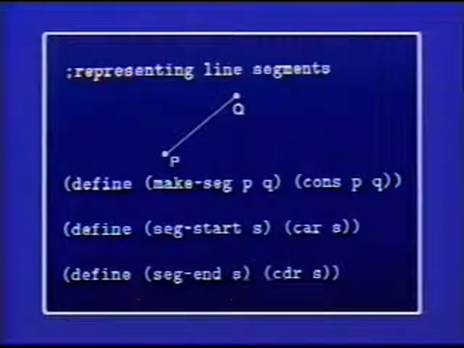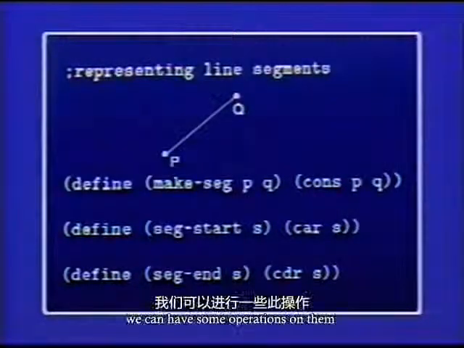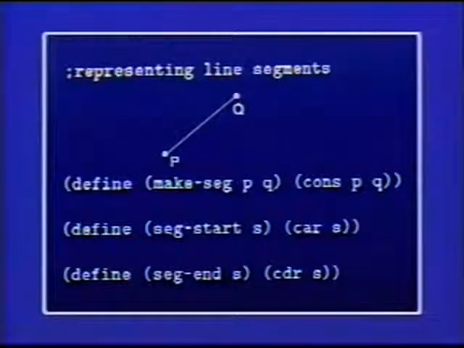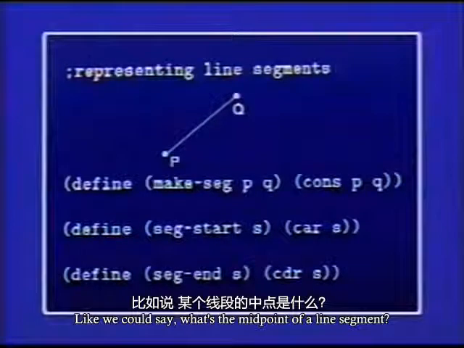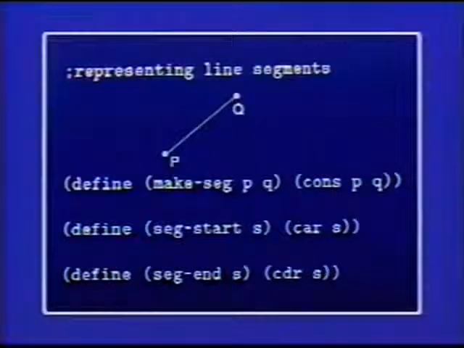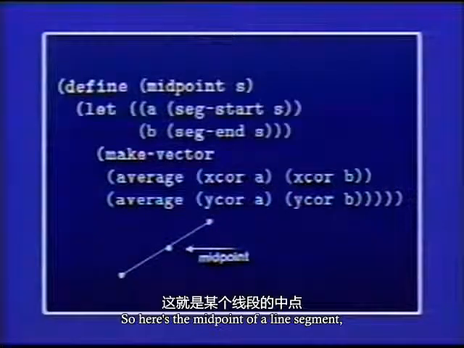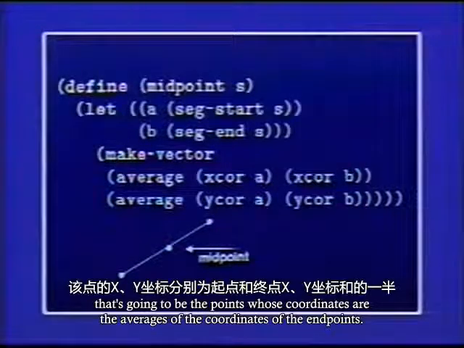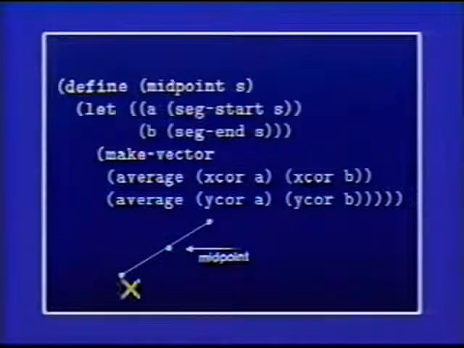Well, now having done that, we can have some operations on them. Like we could say, what's the midpoint of a line segment? That's going to be the point whose coordinates are the averages of the coordinates of the endpoints.